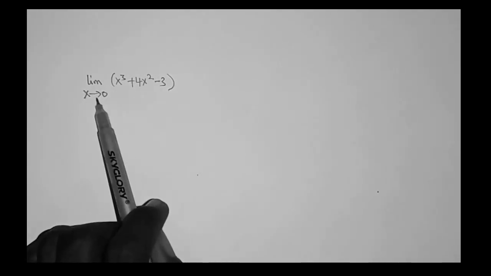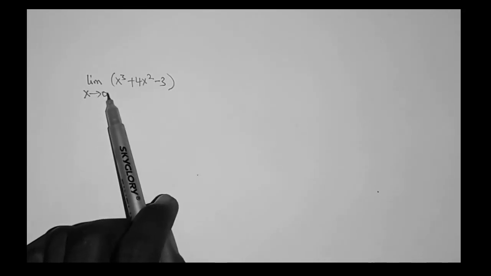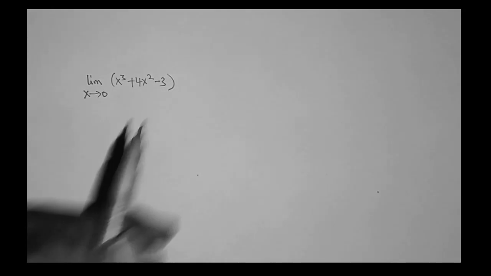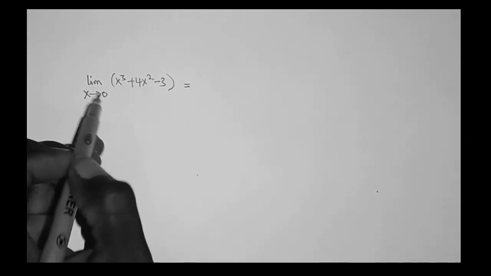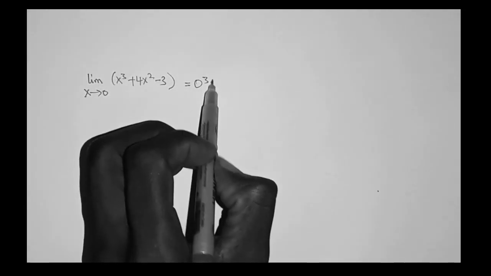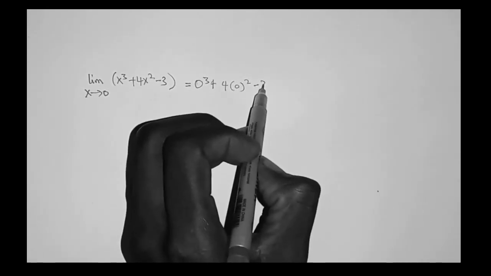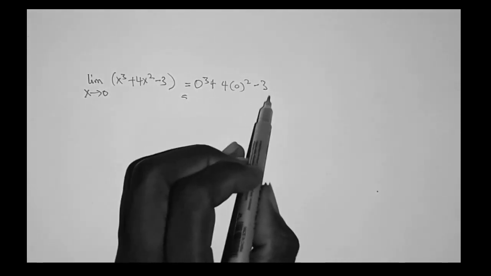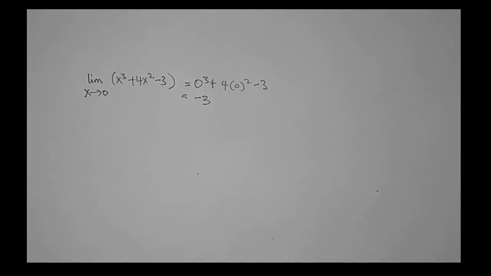You just have to substitute the value that x is approaching into the function. Wherever you see x, you put 0 inside. So this is 0 cubed plus 4 times 0 squared minus 3. This becomes 0 plus 0 is 0, minus 3. So this limit is minus 3.